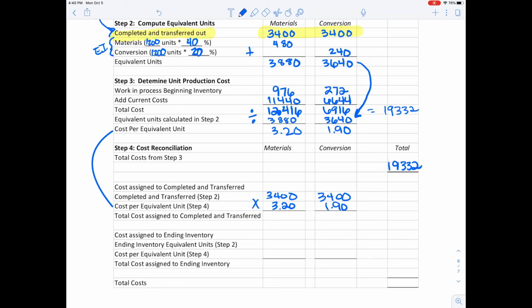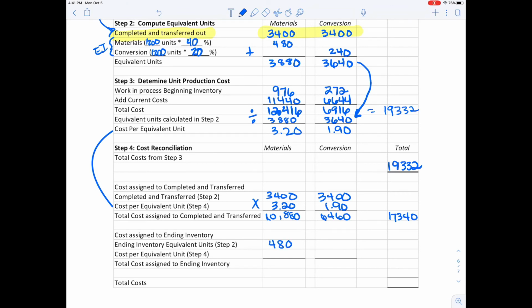I'm going to multiply this out, and I will get, let's see, I took 3,400. This equals 10,880 and 6,460 for a total of 17,340.